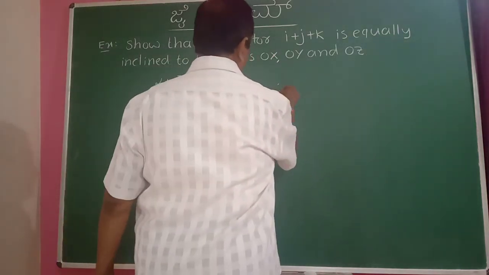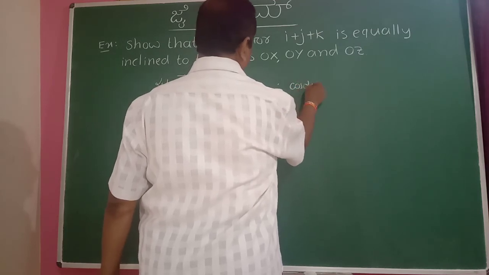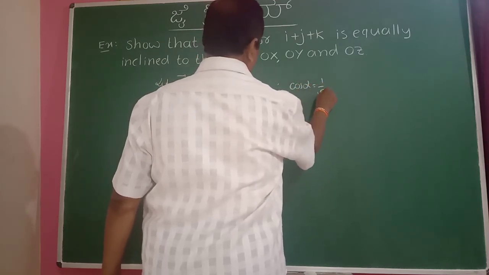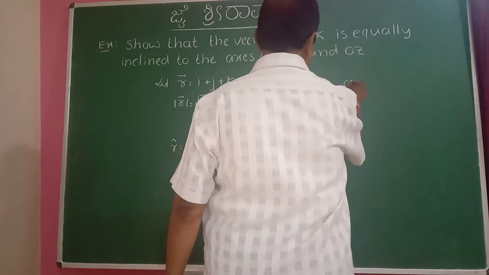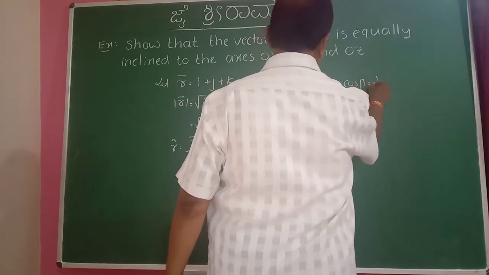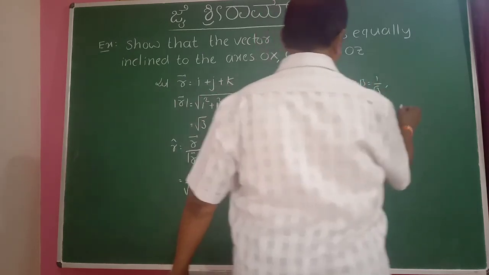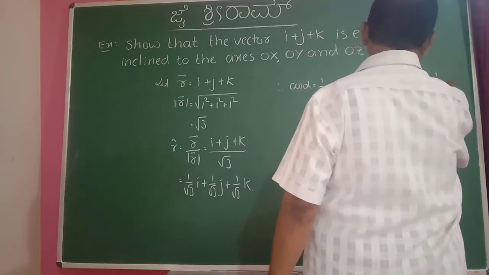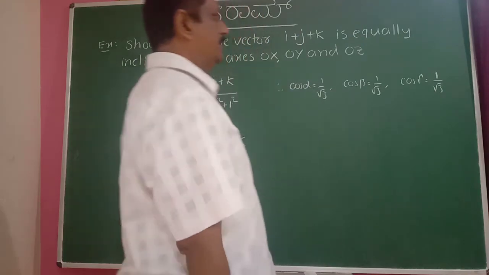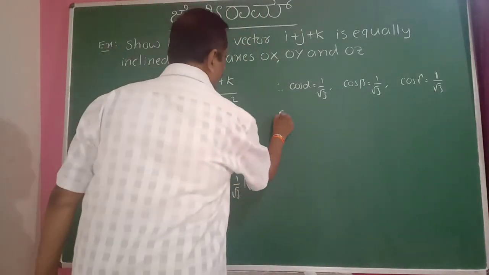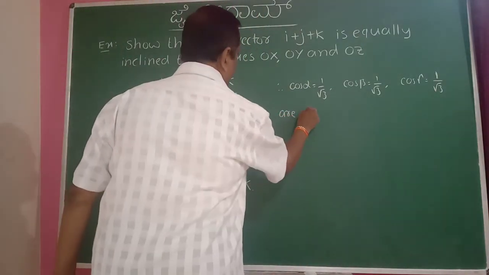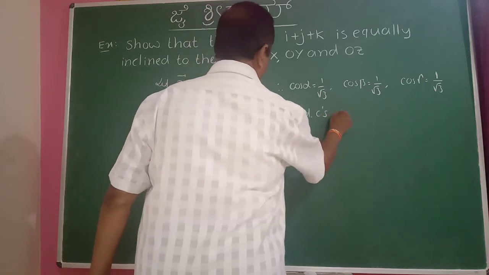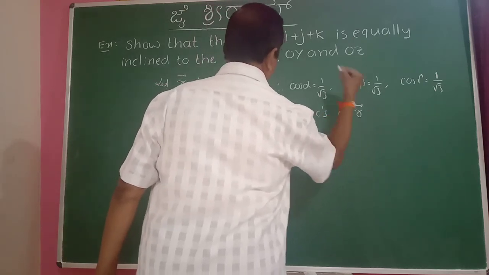Therefore, cos alpha is 1 divided by root 3, cos beta is equal to 1 divided by root 3 and cos gamma is equal to 1 divided by root 3, the direction cosines of the vector r bar.